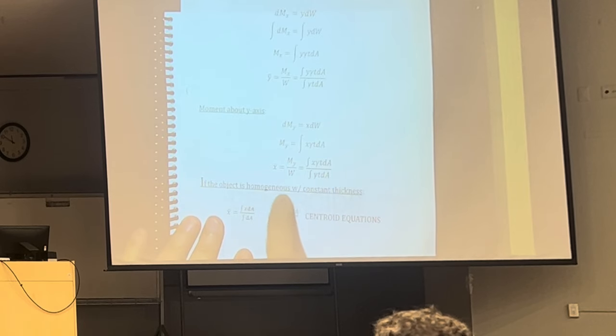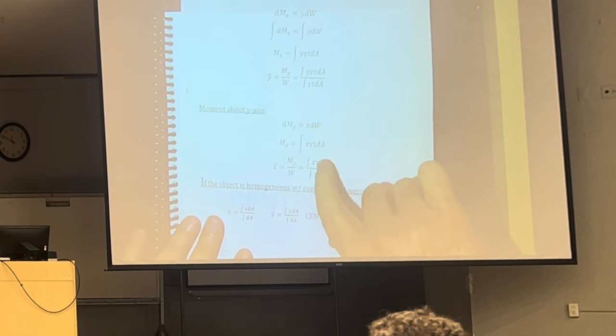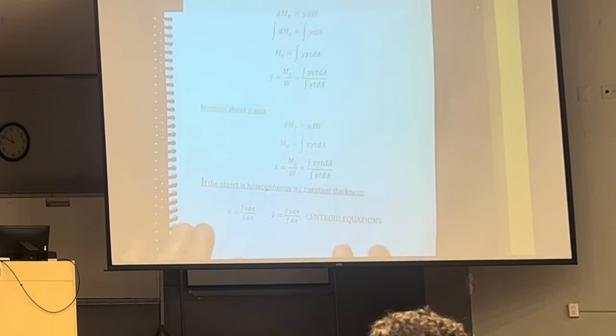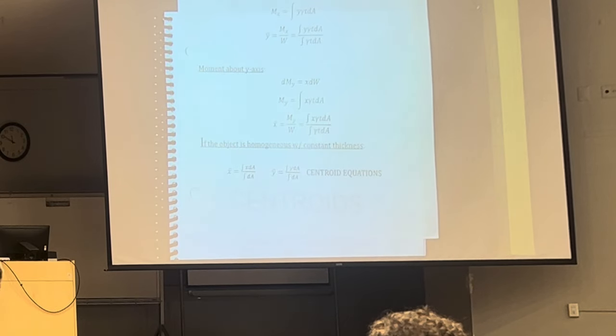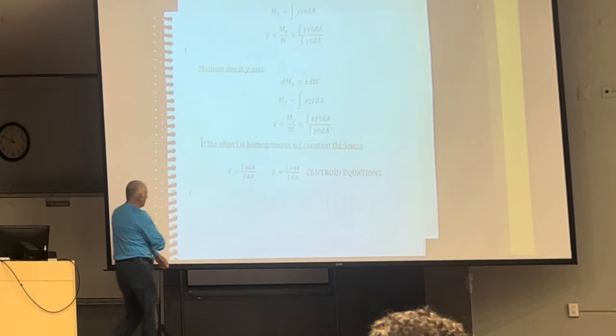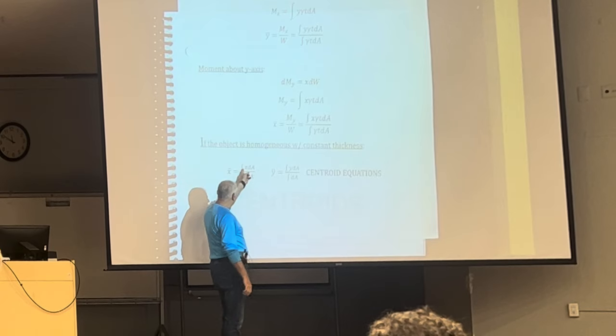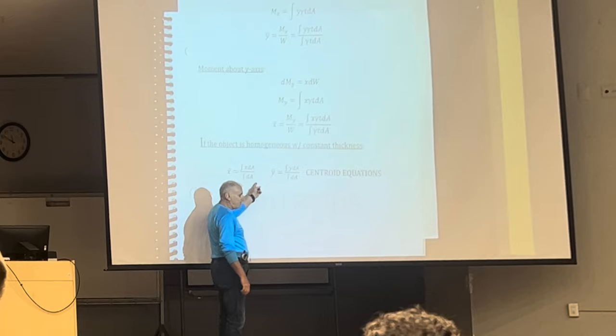Now, if you have a nice homogeneous, nice uniform rigid body, and it's got constant thickness, that means gamma and T are constants. I can yank them out of the integral. They will cancel, leaving me, in essence, the fundamental equations for centroid. X bar is equal to integral x dA over integral dA.